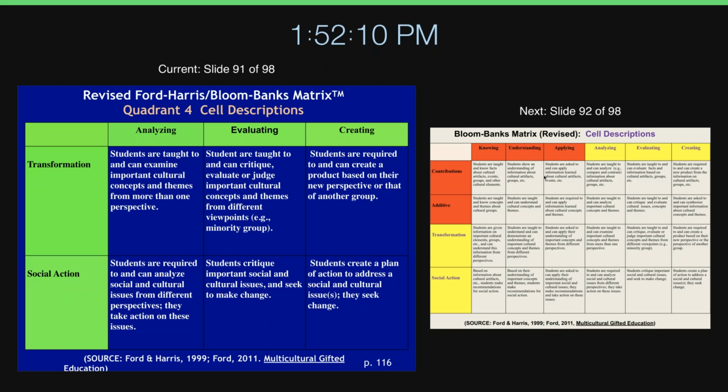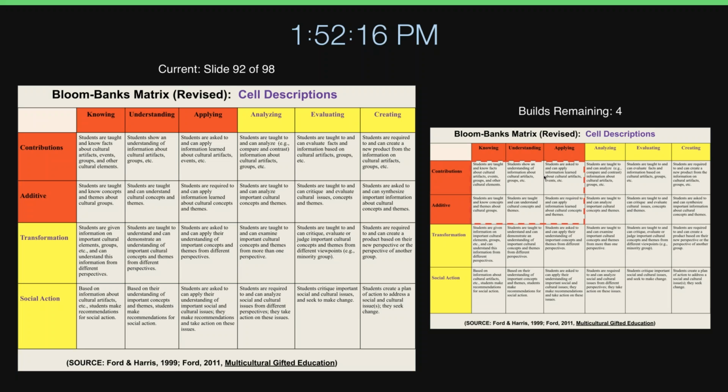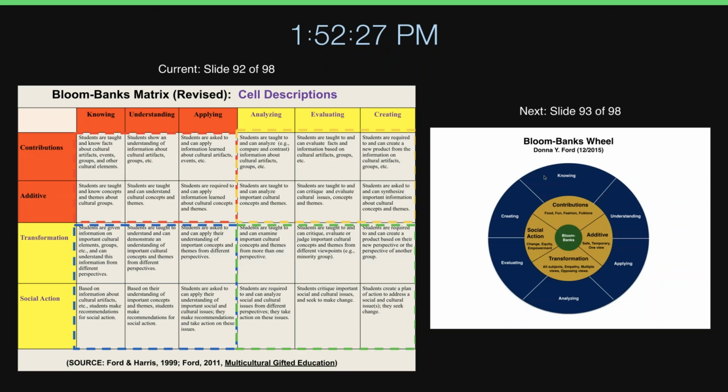Now, my apologies, I'm seeing that a slide was out of place, and this is the one that was out of place, so that you can see the entire matrix color-coded, but it was expanded earlier, and so you had a stronger, a better visual.